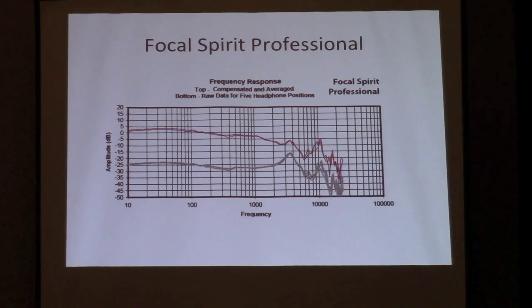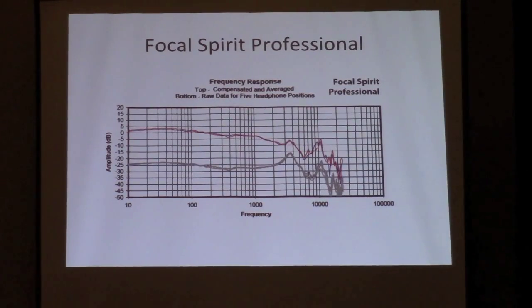Focal Spirit Pro, it's close. It's got a bass boost here. It doesn't have quite the right shape going over to here, and it has this big notch right here. Now, this big notch is kind of an interesting thing. Philips, when they went from their X1 to their X2, intentionally put a notch in this 6 to 8K region because they felt their subjective listening test showed that people thought it could be too strident if it didn't have that in there.